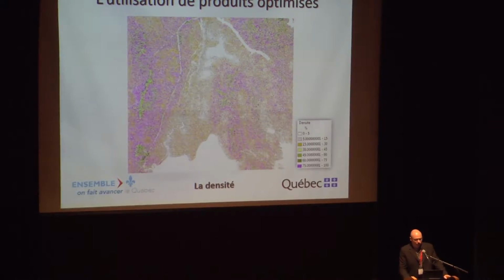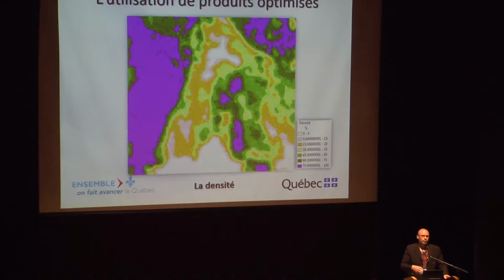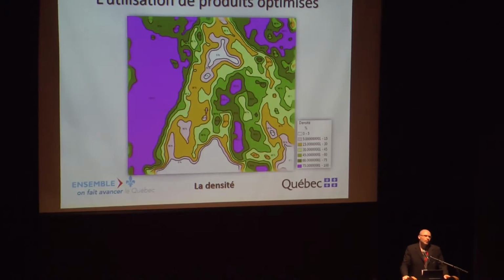It's the same thing when we look at the models of canopy height. We look at the density, and we have many sub-products, A, B, C, D, 10%, 15% for different needs. We have it in vectorial or other formats.